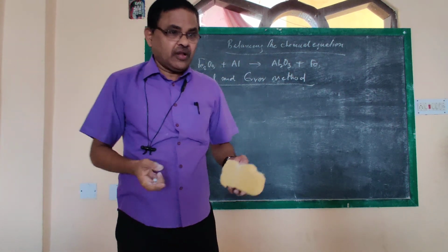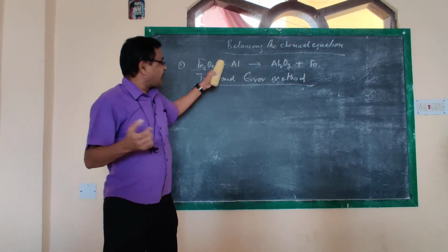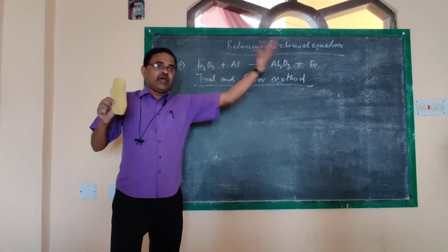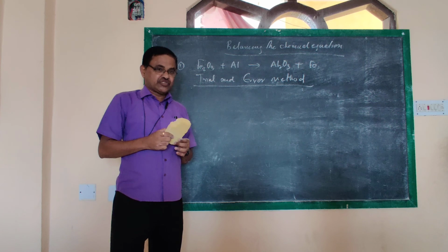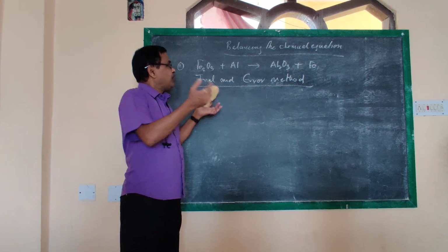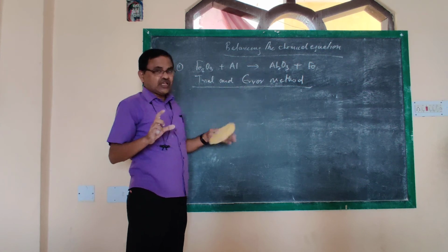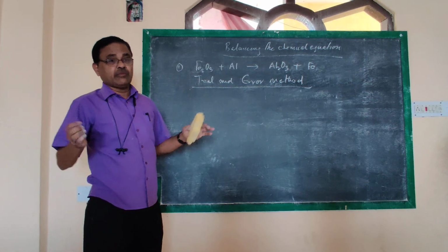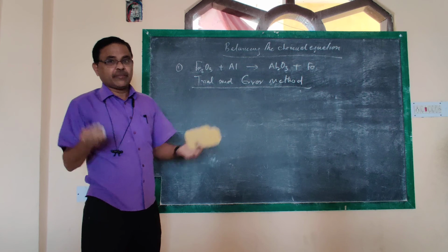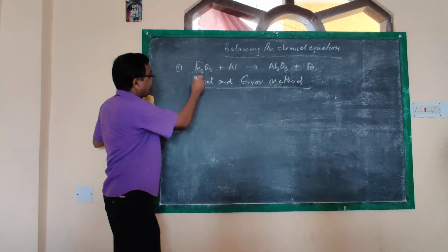The method is very simple. You have to see the number of atoms present in the reactant side and the number of atoms present in the product side, and then make it balanced. This is easy for some reactions, but for some reactions it will be very difficult, so we will adopt some other strategies.